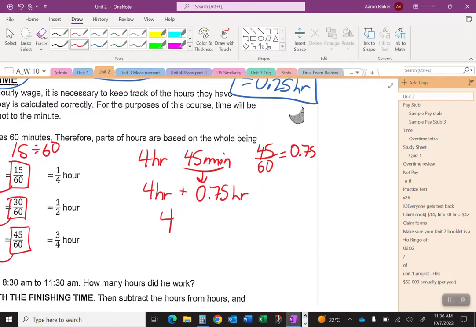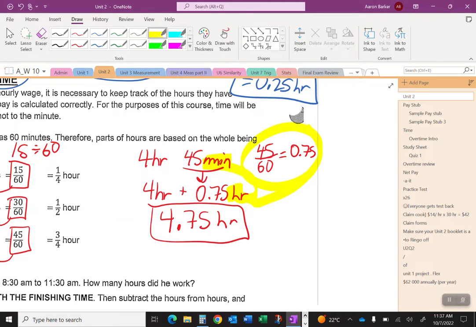So you'd write the number as 4.75 total hours, when you add up the minutes and hours together after you've converted your minutes into hours by doing the division as a fraction. Questions, comments, or concerns?